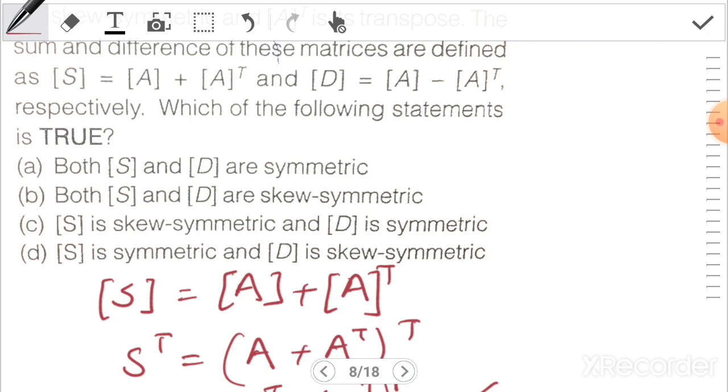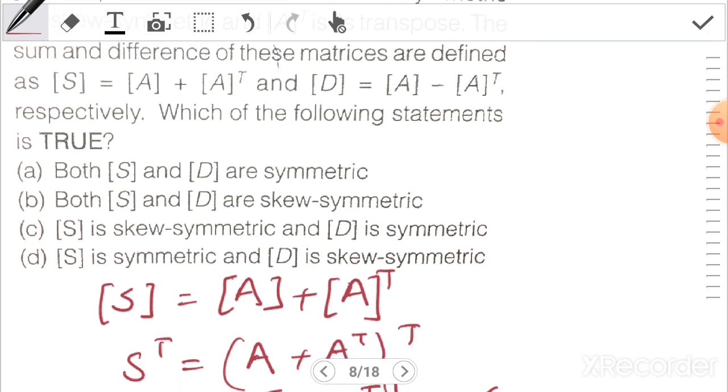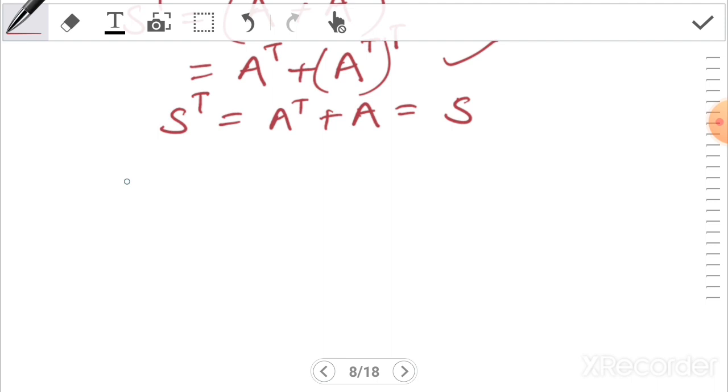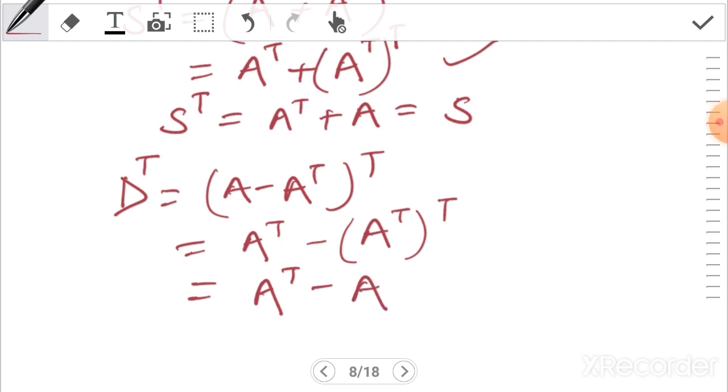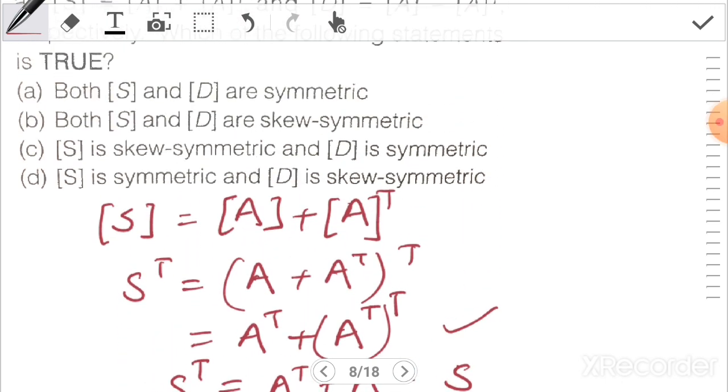Let us check D. D is equal to A minus A transpose. Let us find D transpose. Again, A transpose minus A transpose of transpose, which is equal to A transpose minus A. Let us check the matrix D, A minus A transpose.